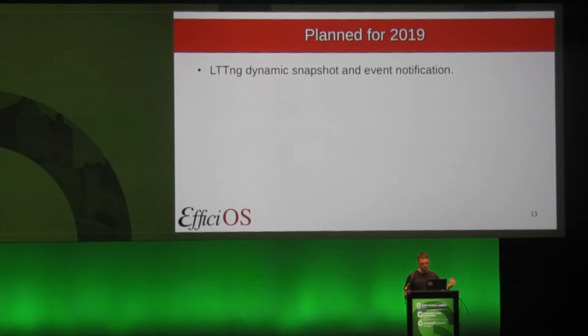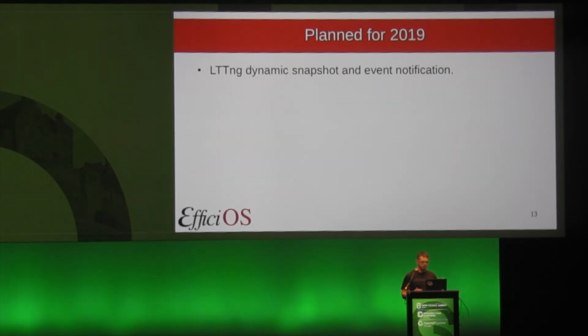So the action, rather than writing to a ring buffer, could be to send a notification that would be dispatched by the session daemon and then listened to by an external process. It could be sent over to various machines in a distributed setup so that we can grab a snapshot.